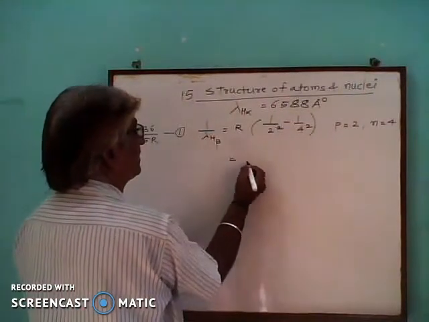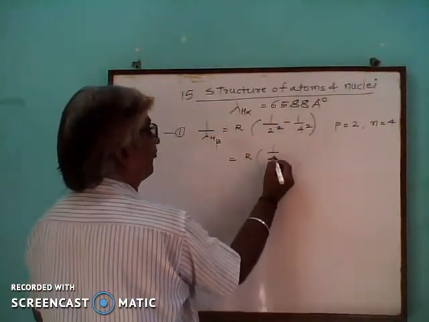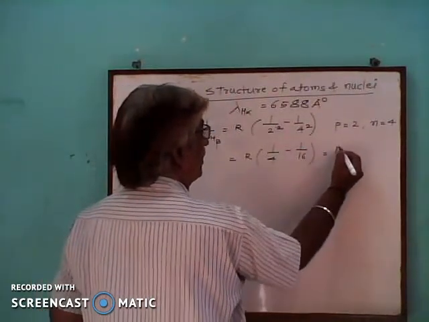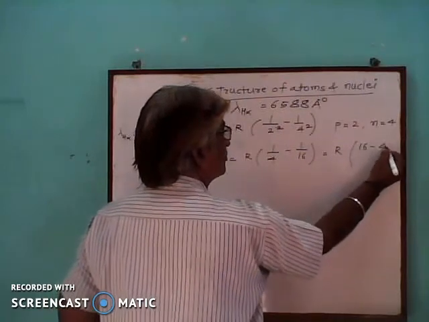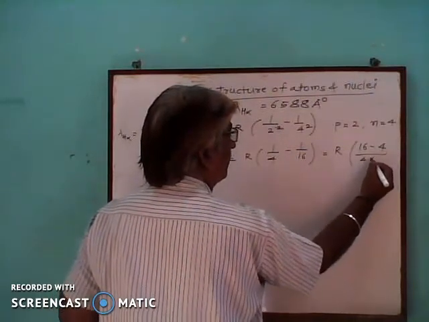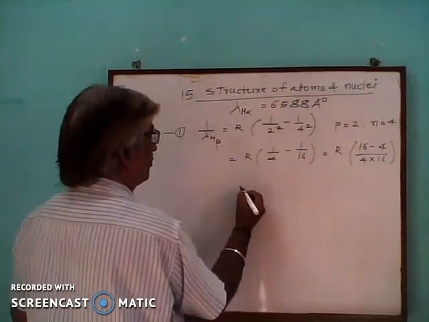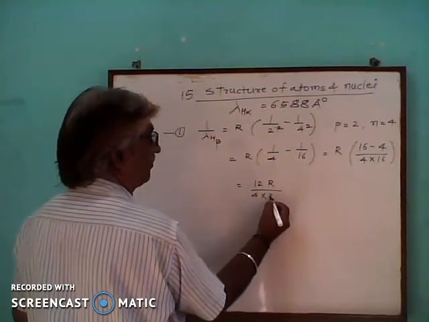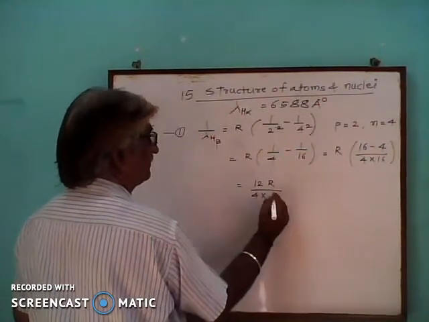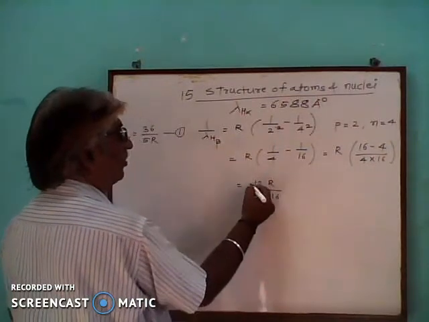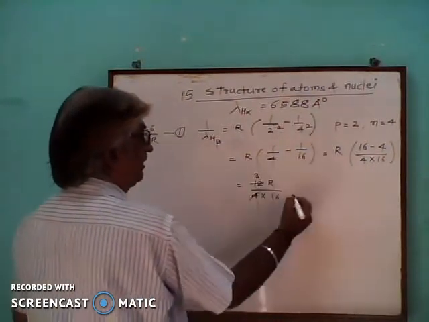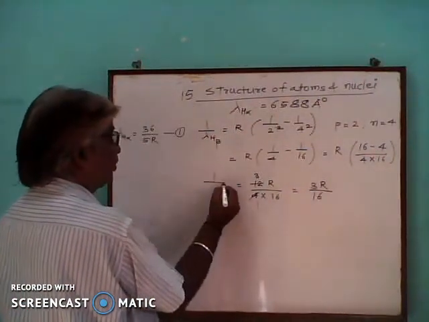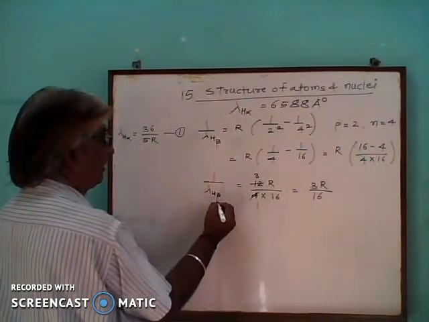What happens? It is equal to R in bracket 1 upon 4 minus 1 upon 16, which is equal to R in bracket 16 minus 4 upon 4 multiplied by 16. So here 12R upon 4 multiplied by 16. 4 ones are 4, 4 threes are 12, and here it becomes 3R upon 16, that is 1 upon lambda H beta.